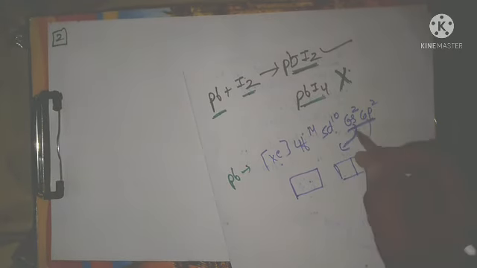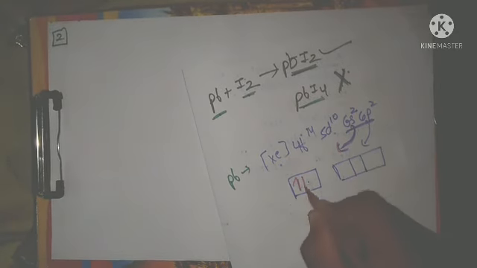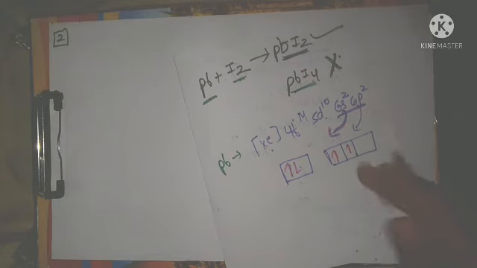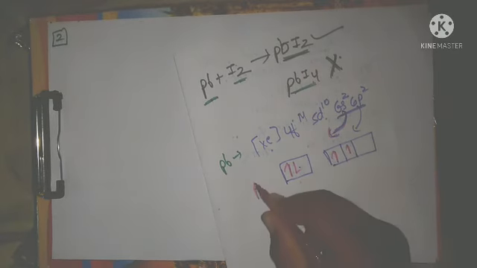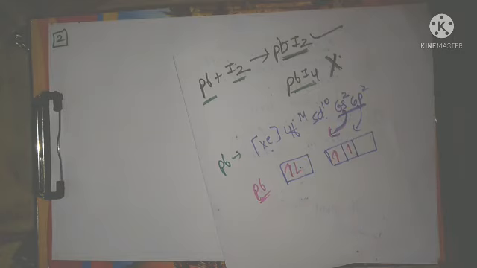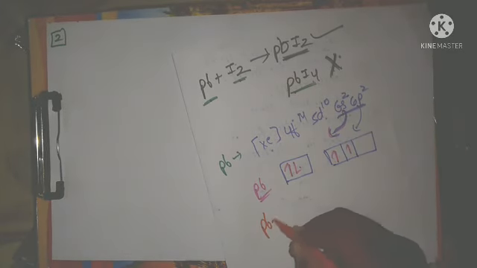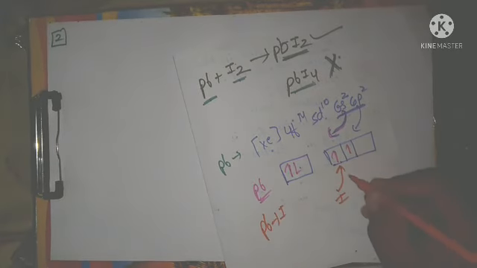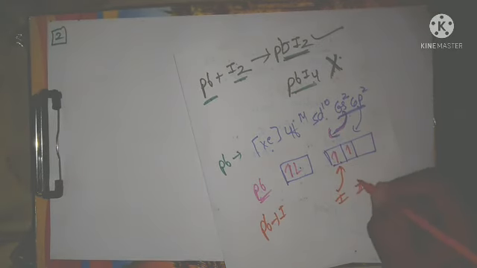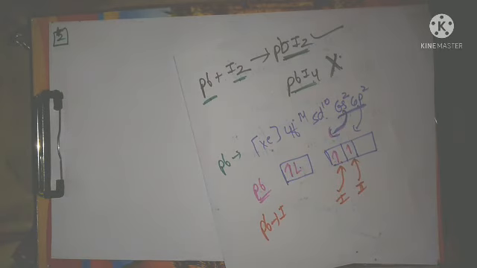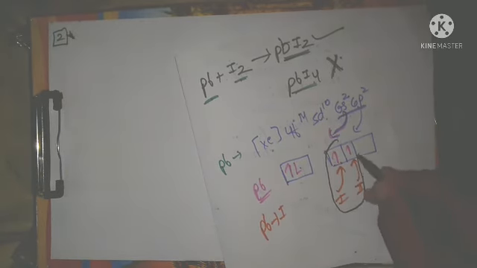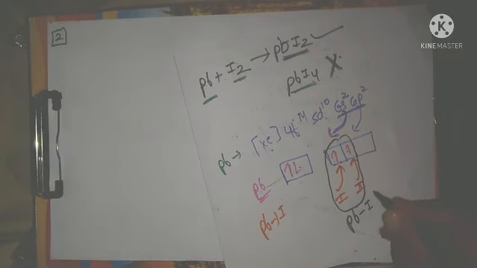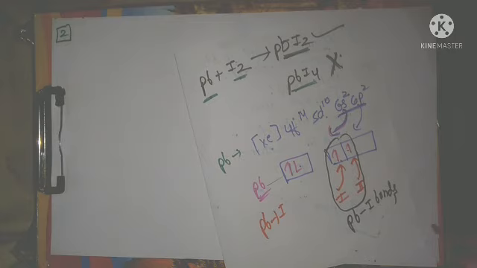Here in the S, how many electrons are there? 2. In P, how many electrons are there? 2. Hund's rule, correct? Now when this lead, Pb, is forming the bond with iodine, one iodine is forming a bond with this electron, another iodine is also forming a bond with this electron. While forming these Pb-I bonds, energy is released.